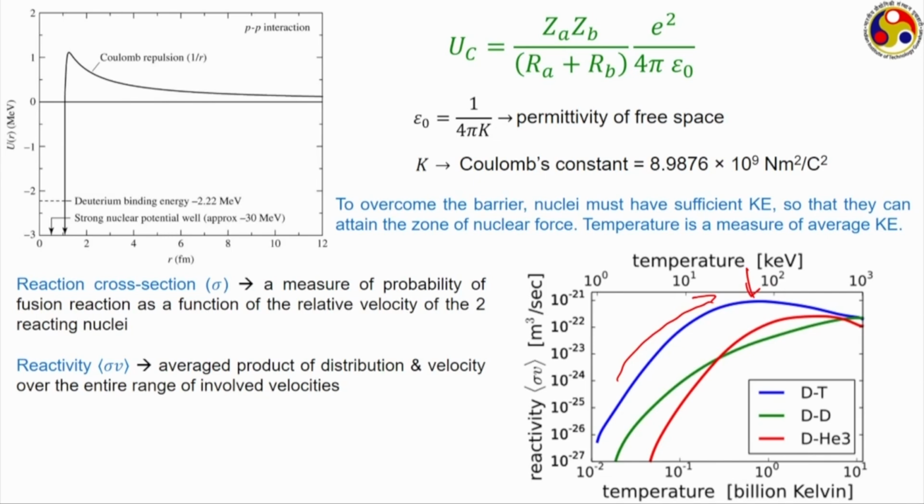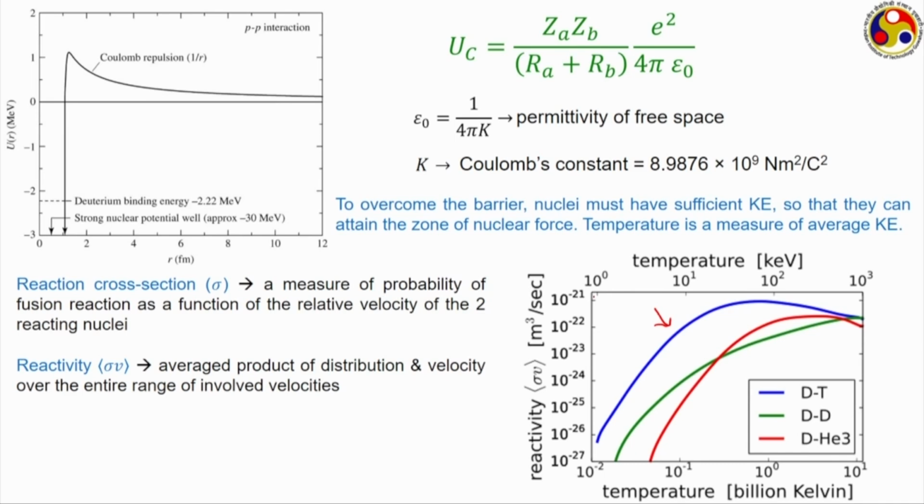You can ignore the scale for this temperature for the moment, because we shall be developing this magnitude very shortly. But one thing you can check here is that three kinds of reactions are shown, and for all the temperature or energy levels, the DT reaction shown by this blue line exhibits a much higher reactivity compared to the other two.